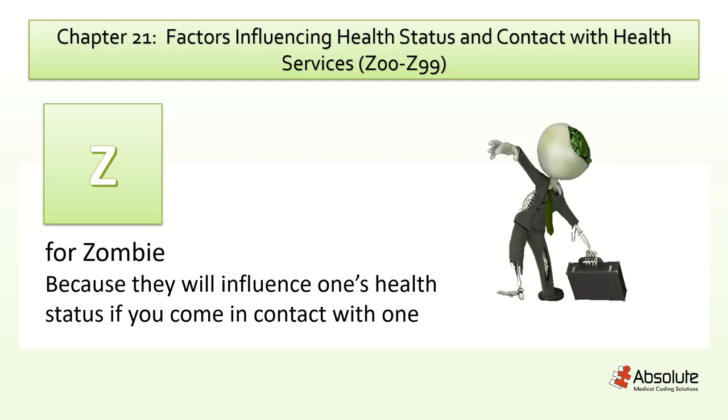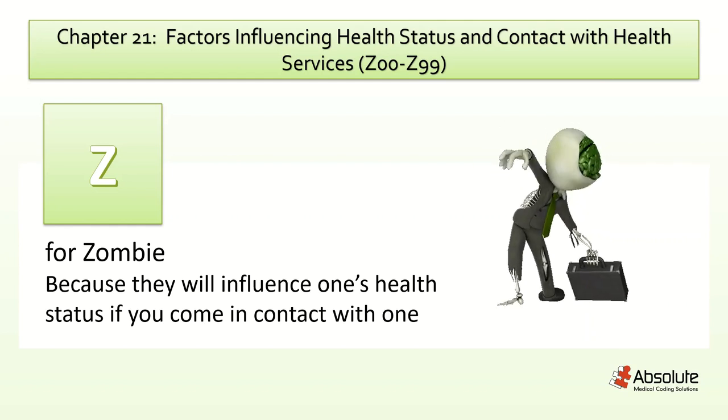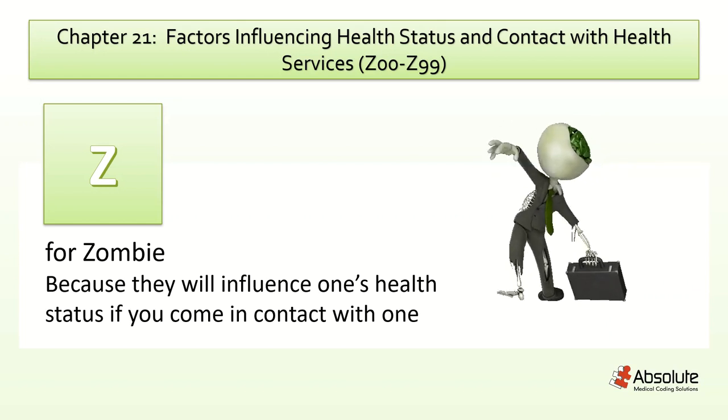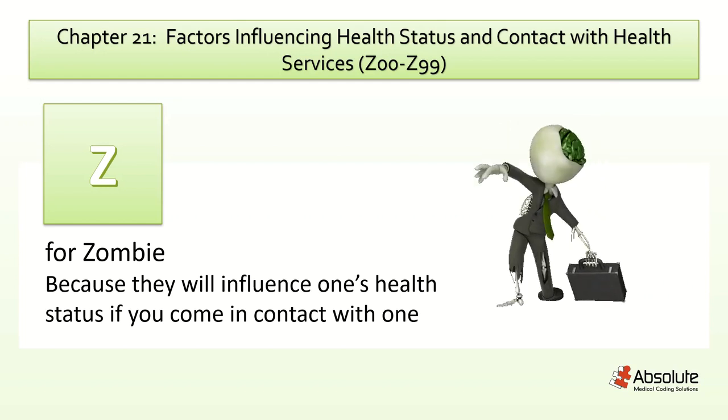However, they are factors influencing the health status or contact with health services. Another example, someone that has a routine physical, there are no illness or injuries. Okay, so this is letter Z. Now, when we think of Category 21 codes, we think of Z.